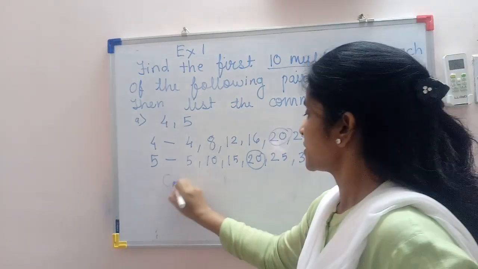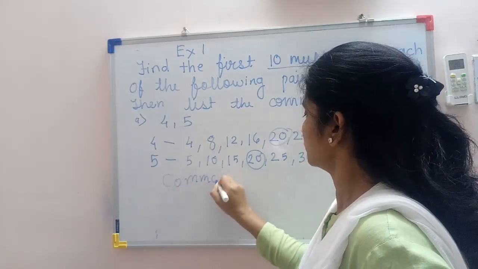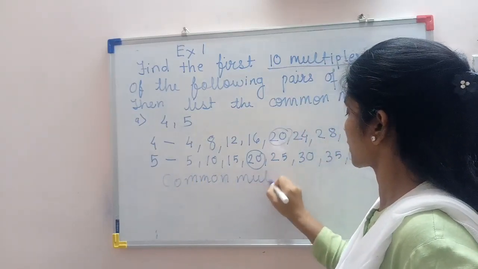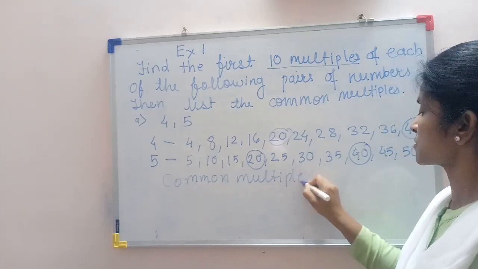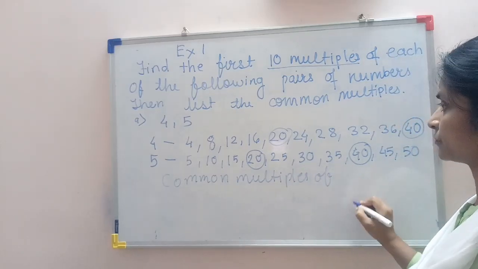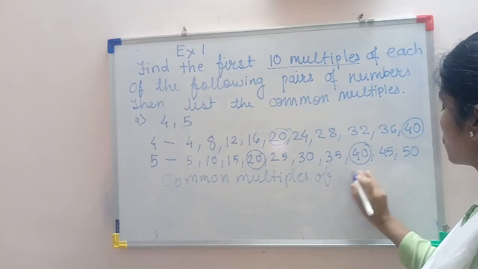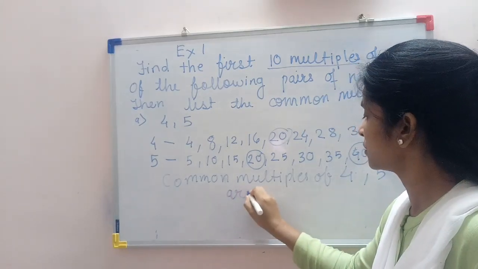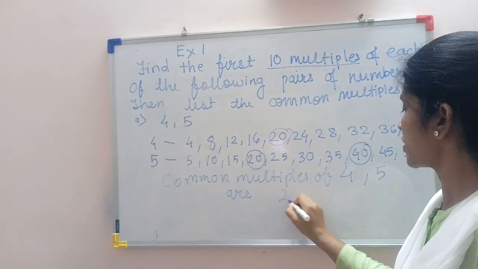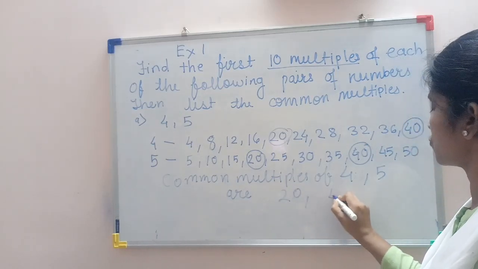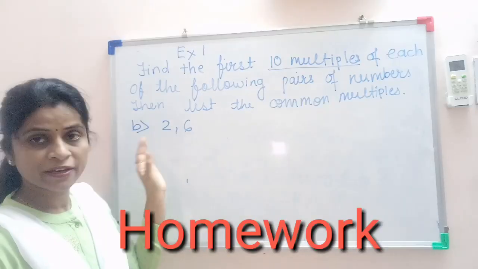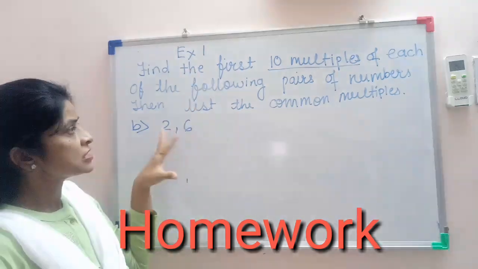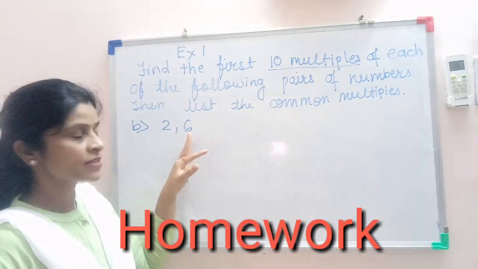Means the common multiples of 4 and 5 are 20 and 40.